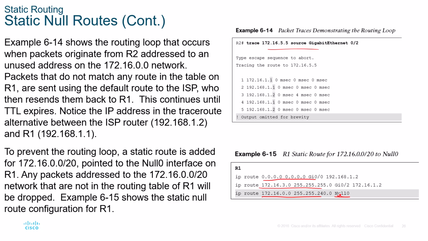So to prevent the routing loop, a static route is added to point to the generic null interface. It's just a way to not have to do an ACL, not have to worry about the processing of data traffic to that interface.